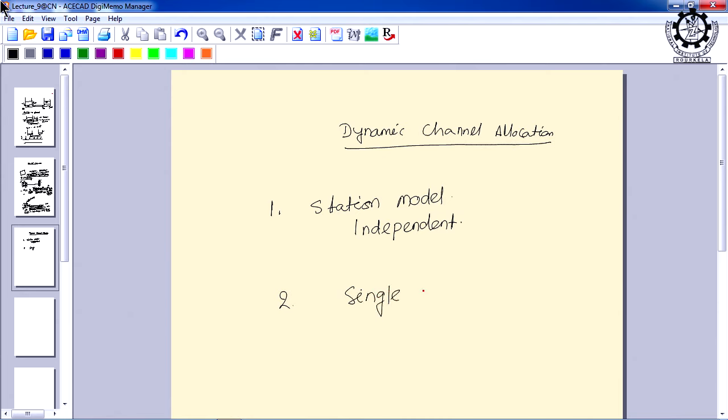That is obvious because it is difficult to afford multiple channels. So, we consider you have a single channel where multiple nodes are connected. Now, you can say if multiple channels are connected, why not go for multiplexing? Why go for another kind of dynamic allocation?